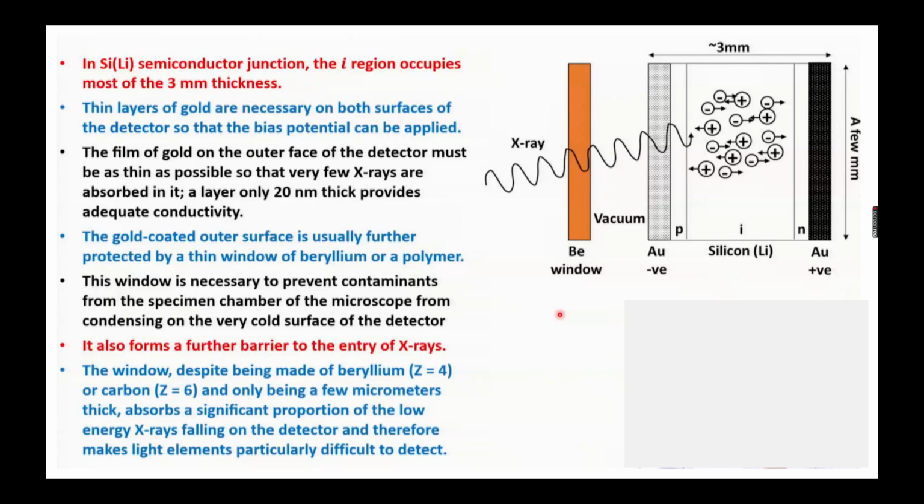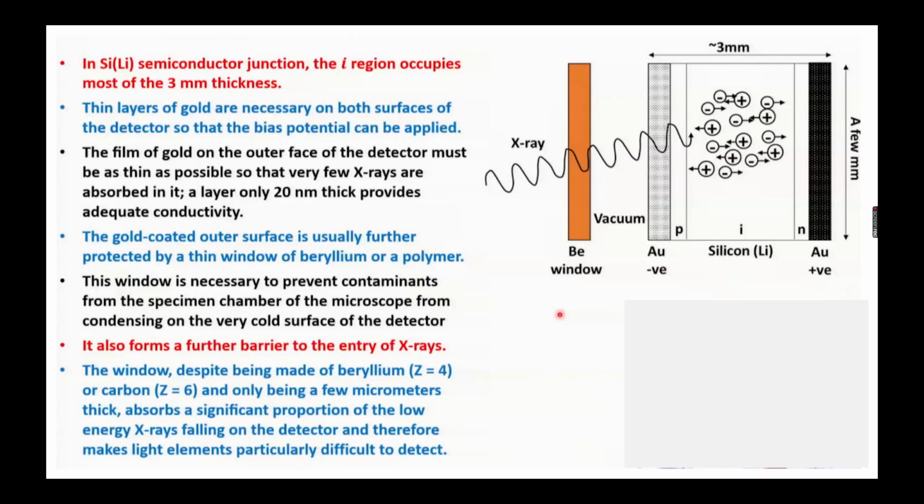The window, despite being made of beryllium, which has atomic number 4, or carbon, which is 6, being only a few micrometers thick, absorbs a significant proportion of the low energy X-rays falling on the detector.